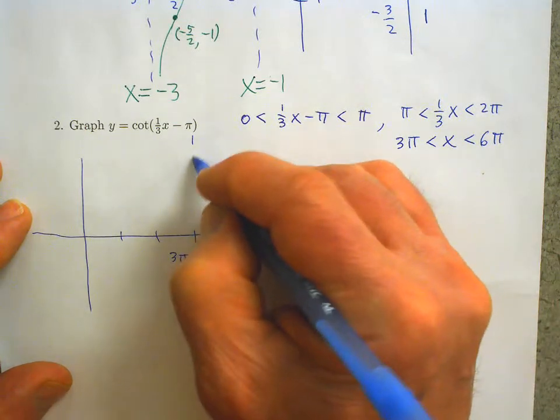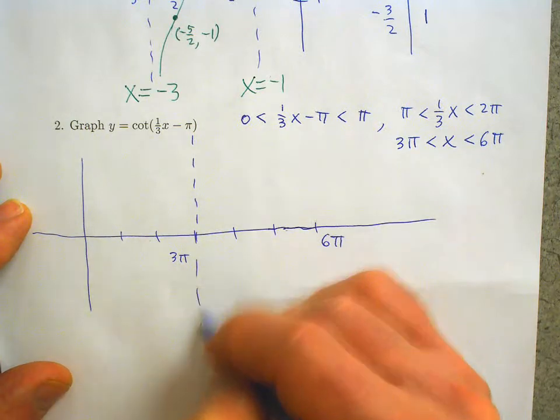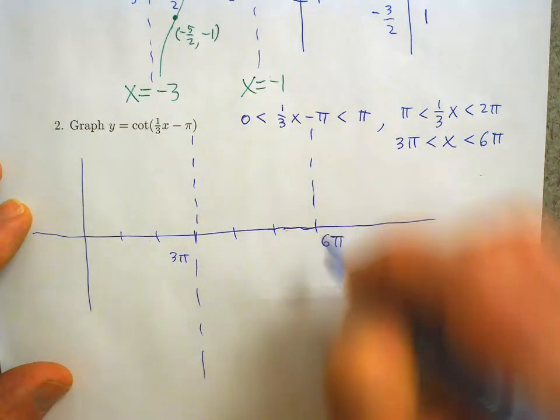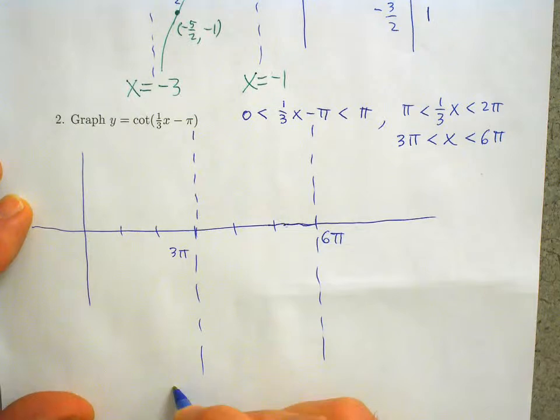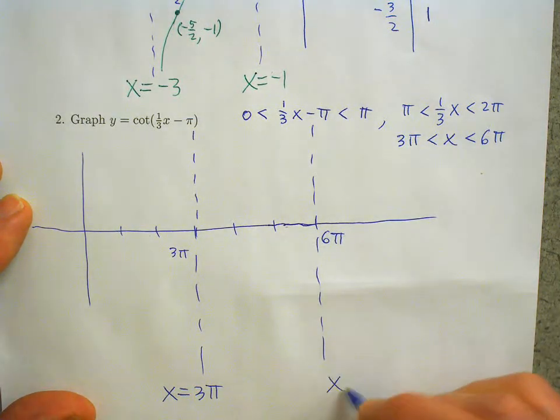We will have vertical asymptotes there. So one vertical asymptote is x equals 3 pi, and the other one is x equals 6 pi.